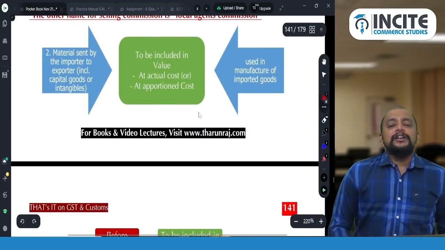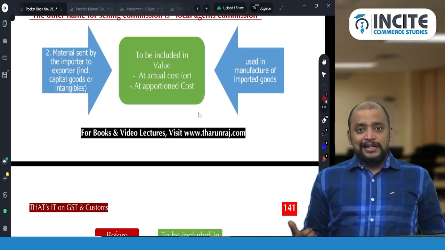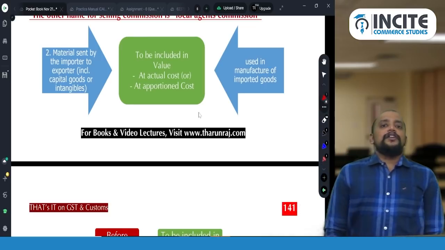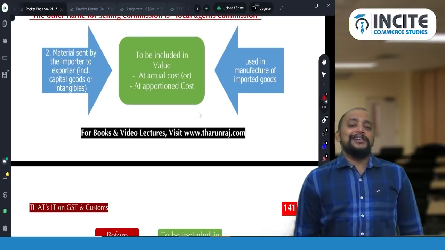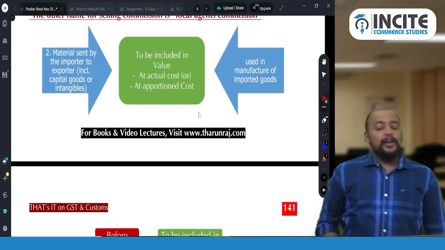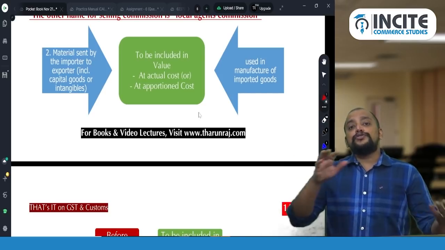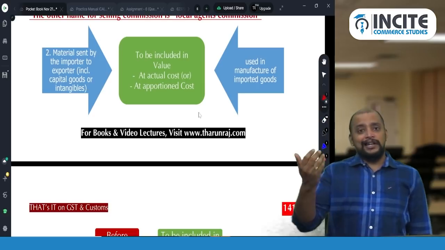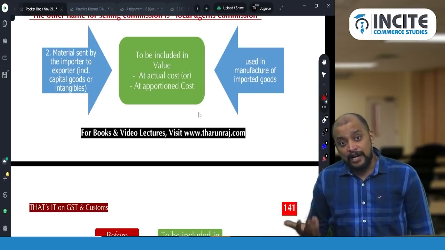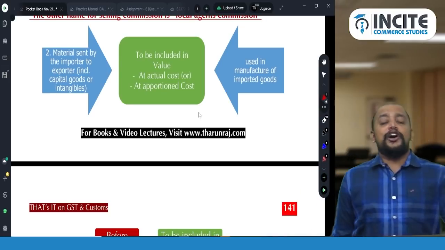And second point, suppose any material is being imported, and if the importer in India is sending material abroad, or any goods or any intangibles are sent abroad to the exporter, which are used in manufacture of finished goods which are then imported. Even though those finished goods do not include the value of the materials sent by the importer, because the exporter will not charge for it now.